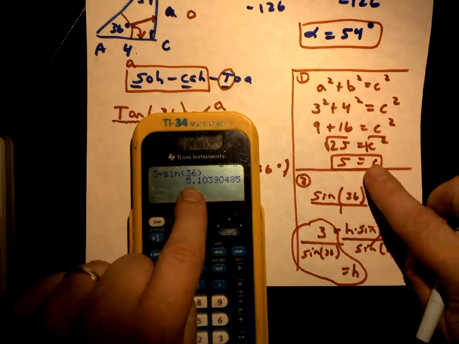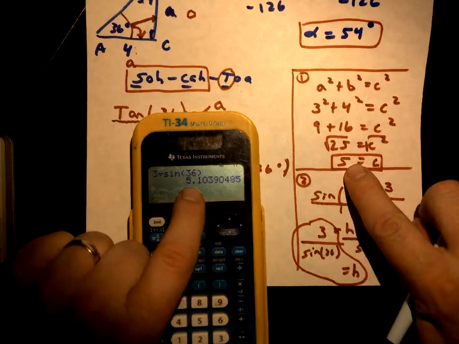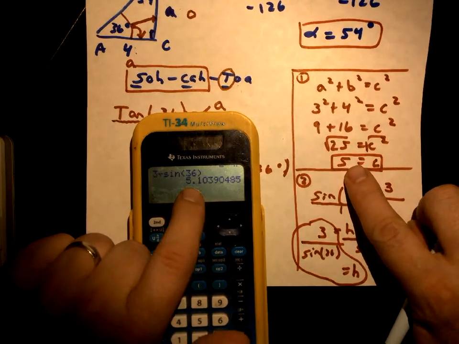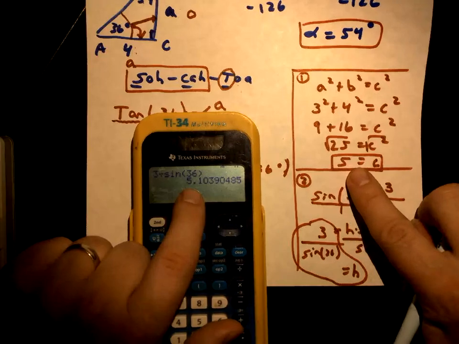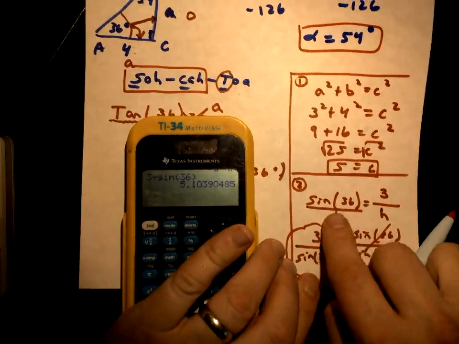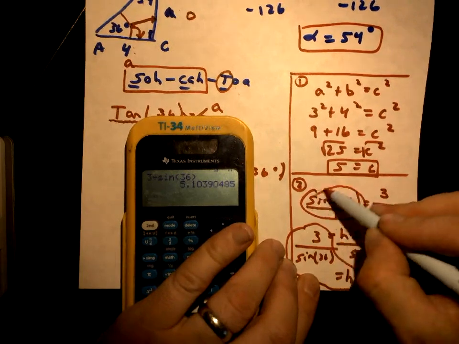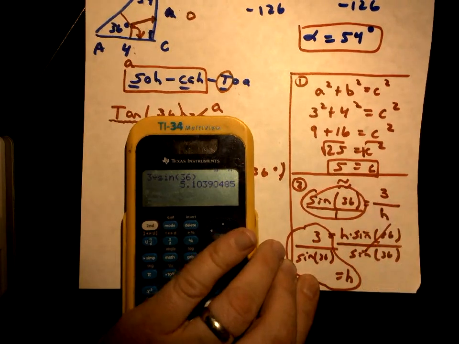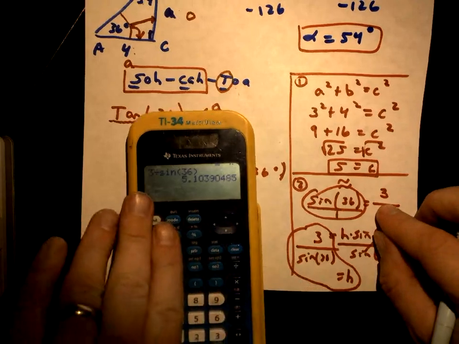And you're probably thinking, why is our answer a little bit off? The reason it is off is because this right here is kind of like a decimal number. And here's why.